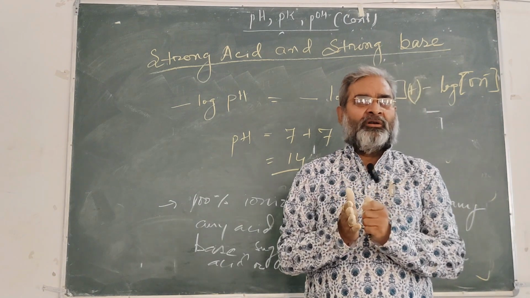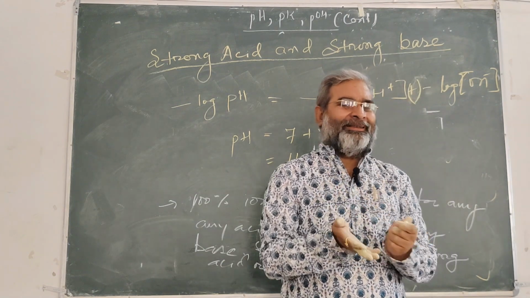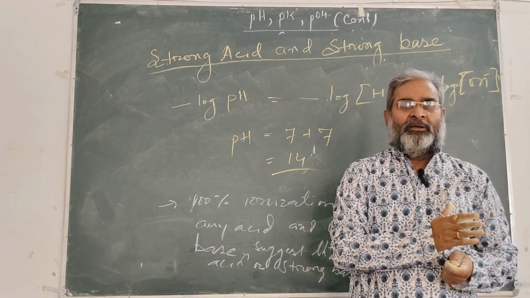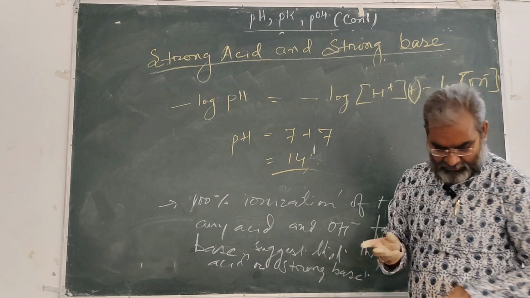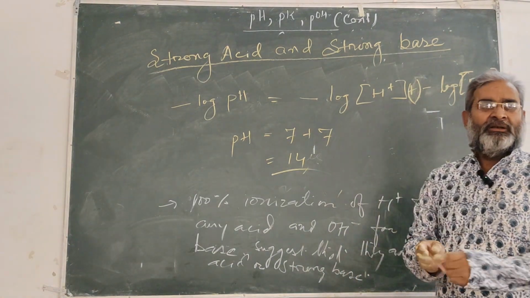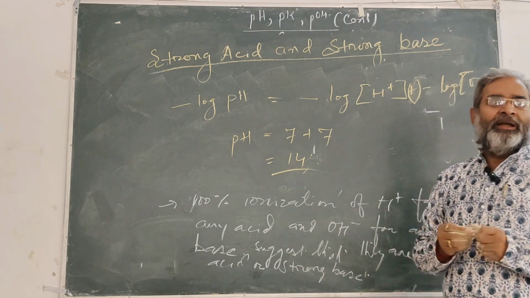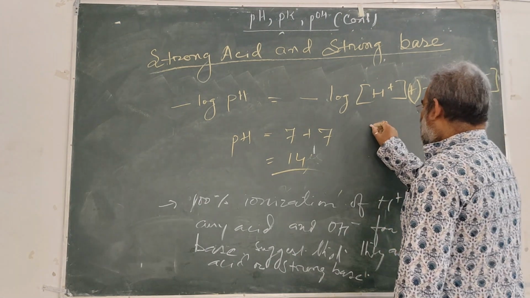If it is strong, it is always that 100% of the molarity is converted into the H plus ion. For example, HCl is a strong acid, H2SO4 is a strong acid, HNO3 is a strong acid. These are all strong acids.